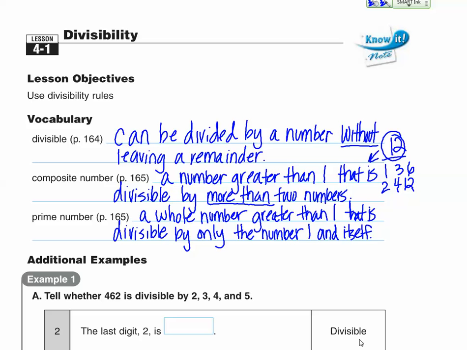Prime numbers are important to understand because these are numbers that typically, if we have them, we're trying to divide, there aren't any numbers that they are divisible by.